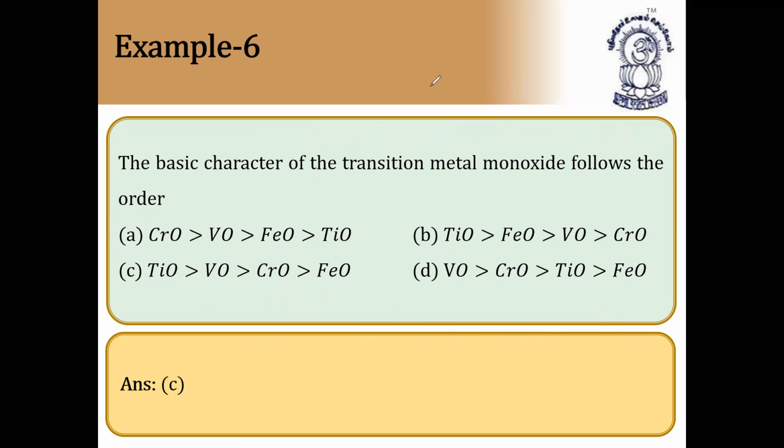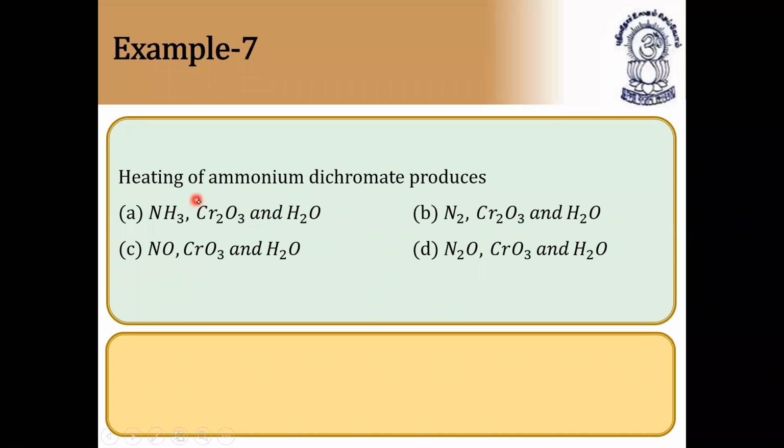Next question. Heating of ammonium dichromate, formula (NH4)2Cr2O7. Heating of ammonium dichromate produces a very, very important reaction. What does it produce? It forms nitrogen gas, chromium oxide, and water.